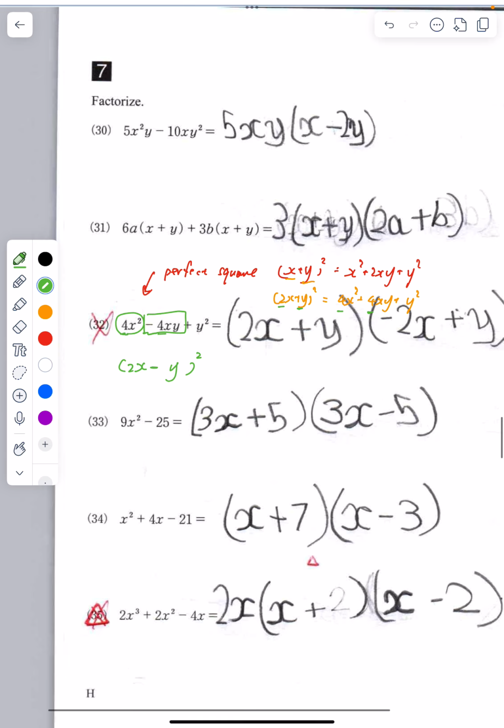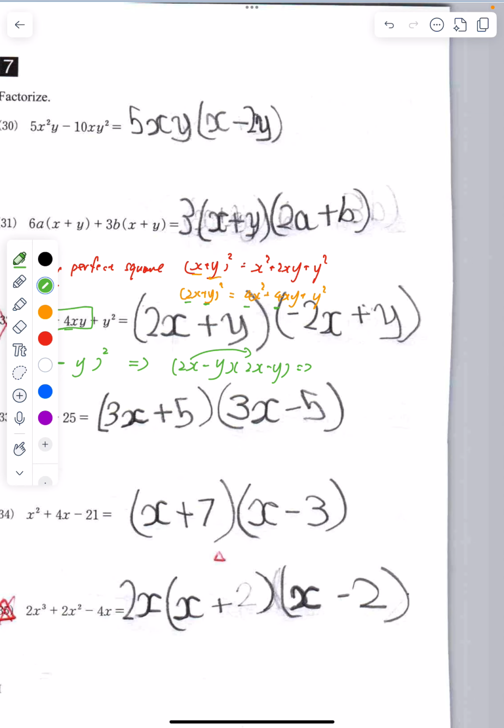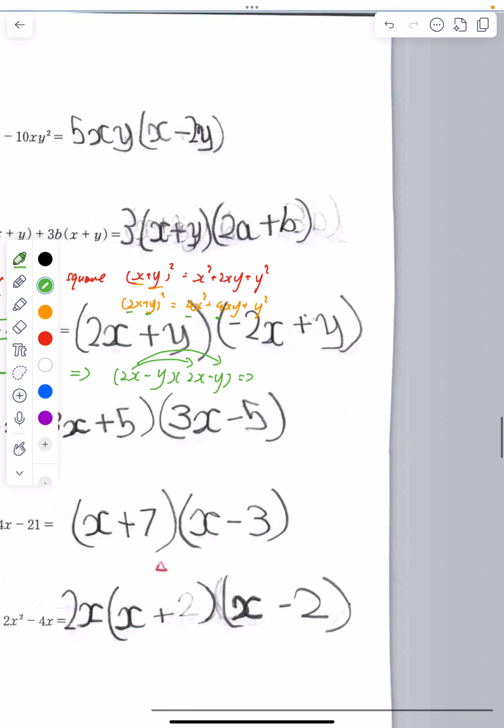Let's verify if we are right. If we open this up, 2x minus y to the power of 2, you can literally open it up like this: 2x minus y times 2x minus y. This will be equal to 2x times 2x, 2x times negative y, so 4x squared minus 2xy.